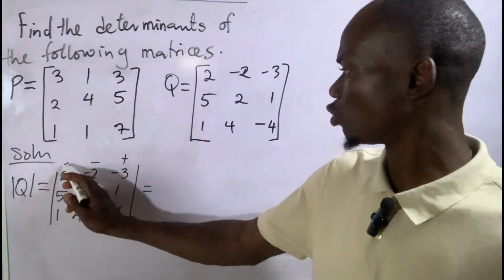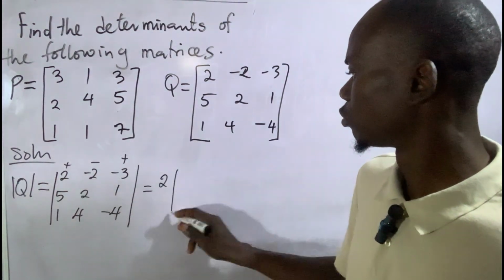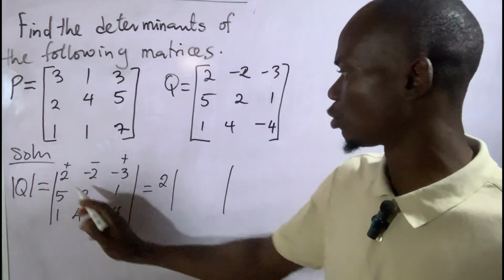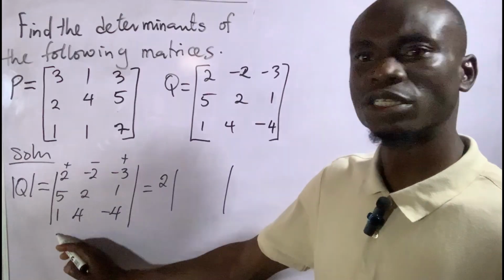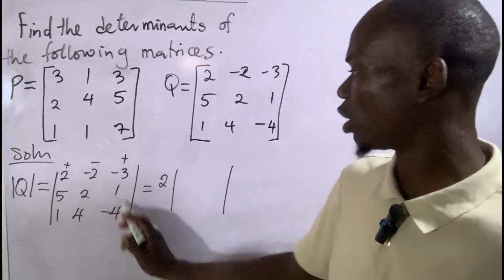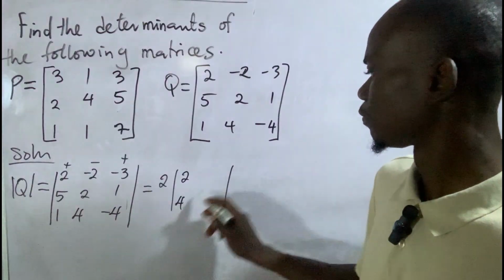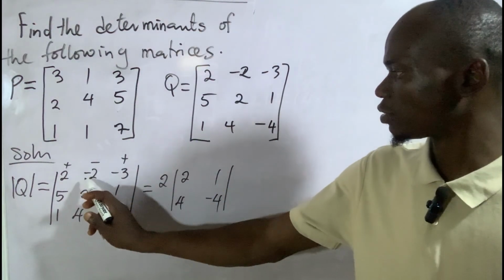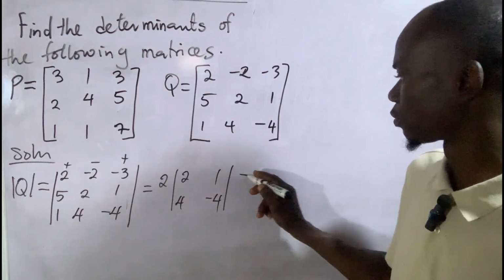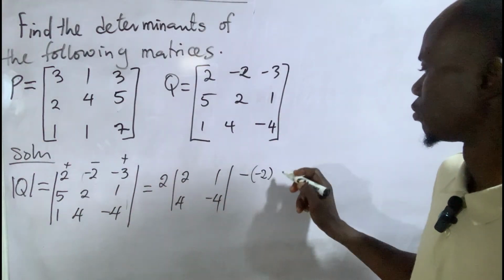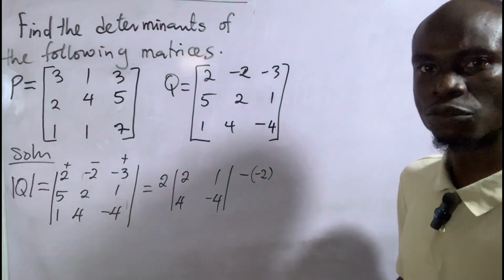So now, the first one is positive 2. Spelling out my 2 by 2 matrix. In fact, I can take it immediately because when you take 2, 5 and 1 is gone. So it's remaining 2, 4, 1, minus 4. Okay. Then the next one is minus 2.